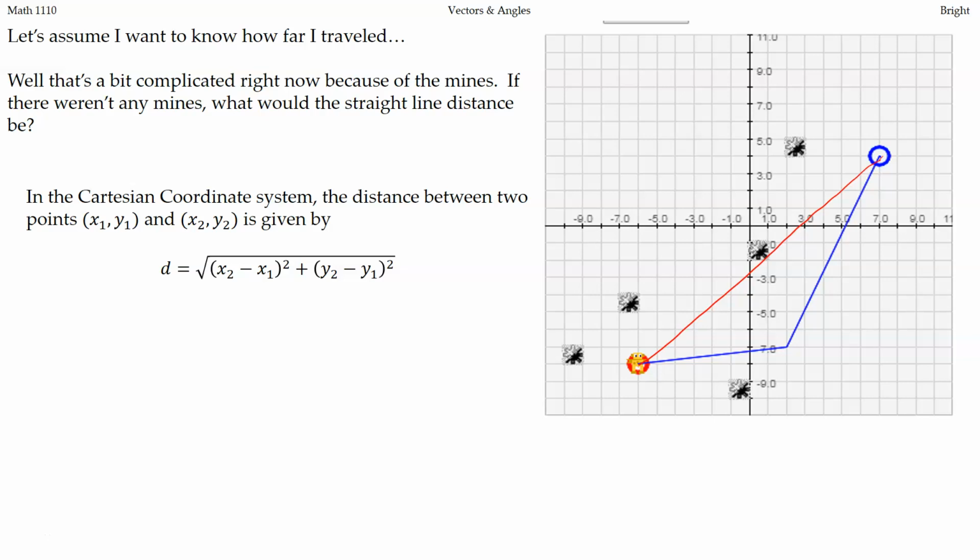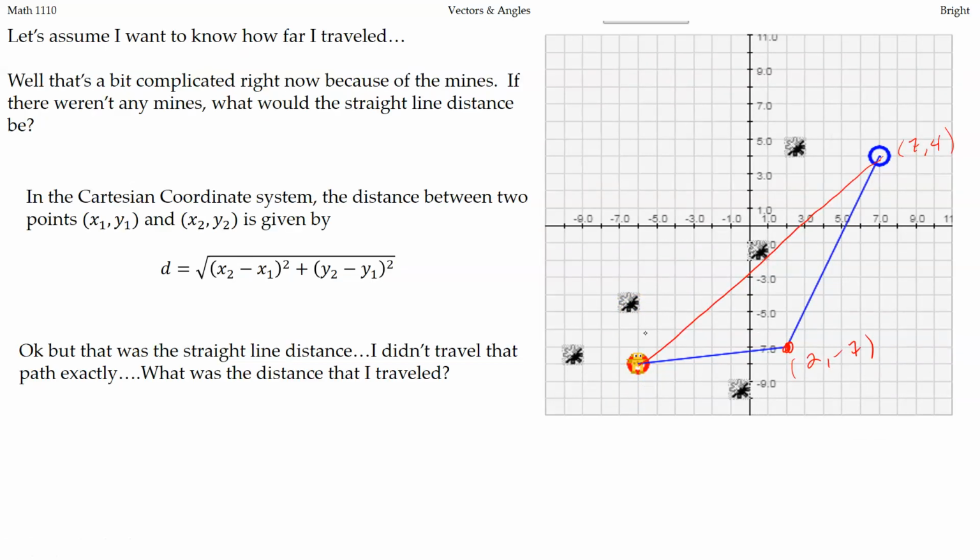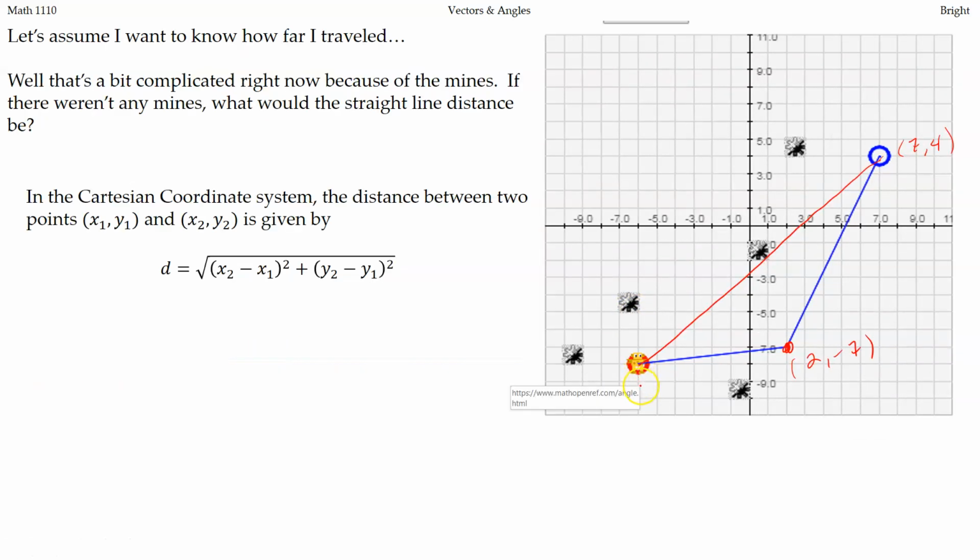But I didn't travel that way, so what would I do? Well, I would have to find this point here, which happens to be nice, well defined, so let's just label it. This is (7, 4). This point down here is (2, -7), and then here I'm at (-6, -8).